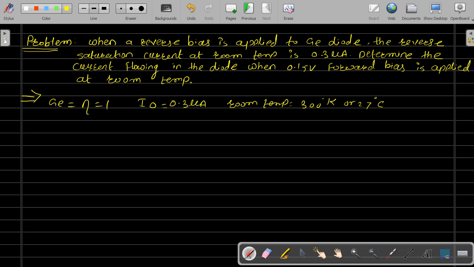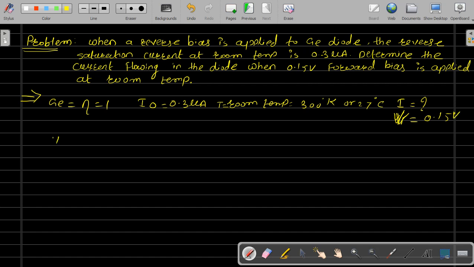Determine the current flowing in the diode when 0.15 volts forward bias is applied at room temperature. They are asking us to find the current when the forward voltage is 0.15 volts. So this is the data given.